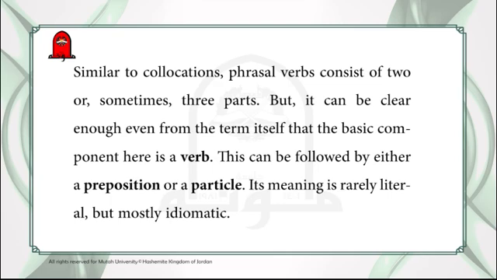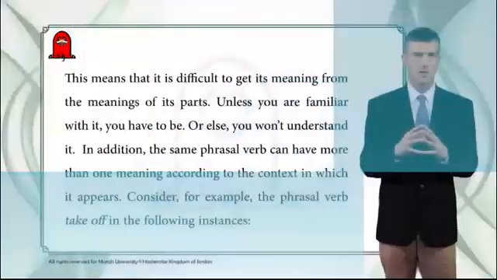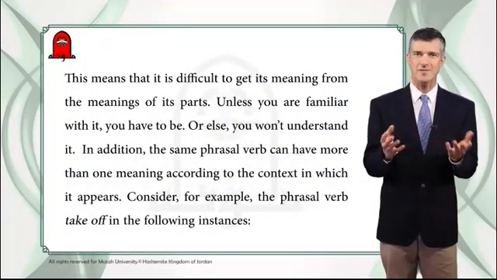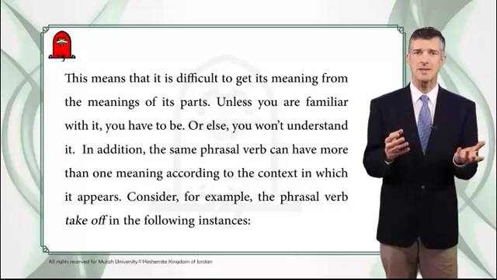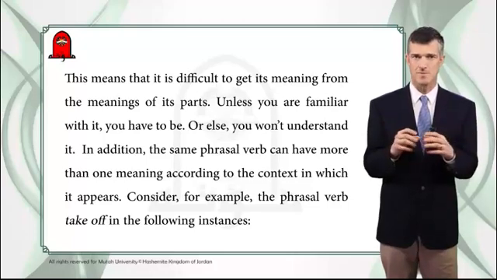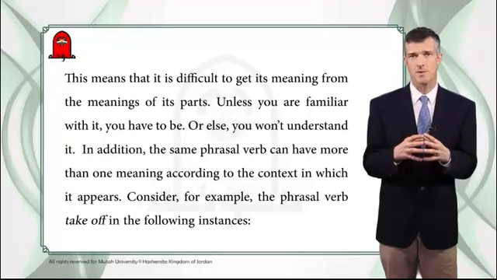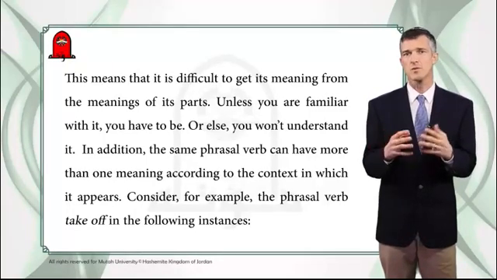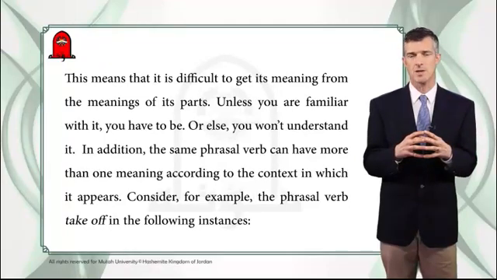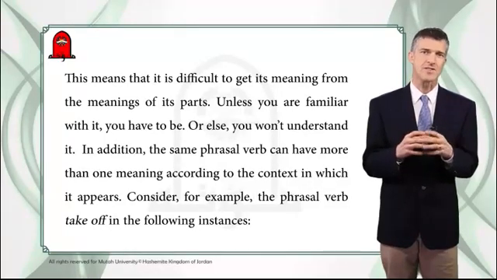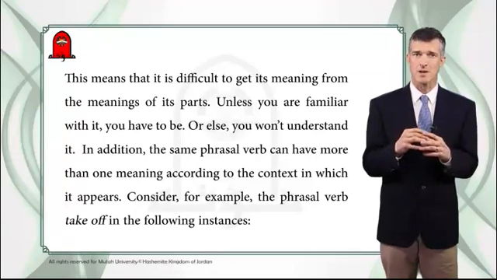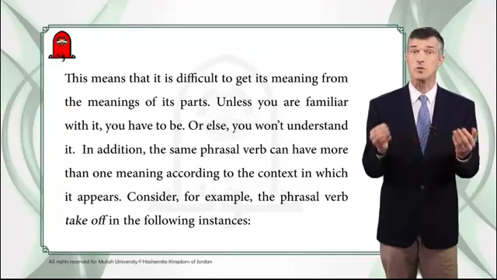Its meaning is rarely literal, but mostly idiomatic. This means that it is difficult to get its meaning from the meanings of its parts. Unless you are familiar with it, you won't understand it. In addition, the same phrasal verb can have more than one meaning according to the context in which it appears.